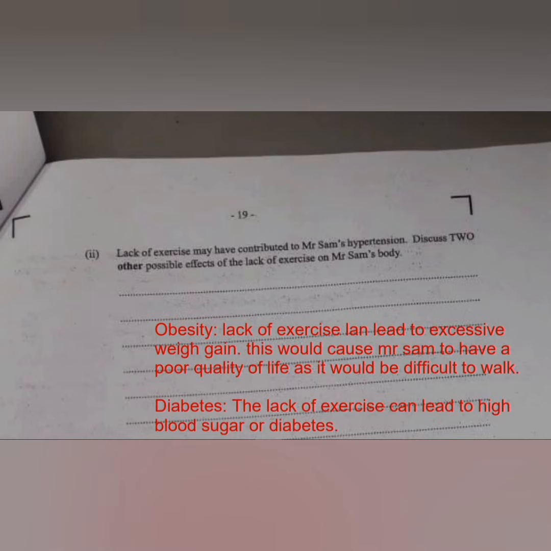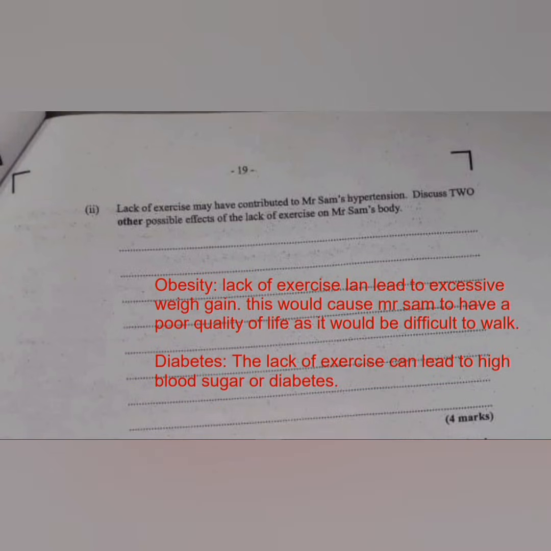So I have here obesity as one other effect of lack of exercise, and obesity is excessive weight gain. This would cause Mr. Sam to have a poor quality of life, as it would be difficult to walk, probably get a job, maybe even travel on an aircraft or on a bus. It would decrease his quality of life. So for obesity, you talk about the weight gain.